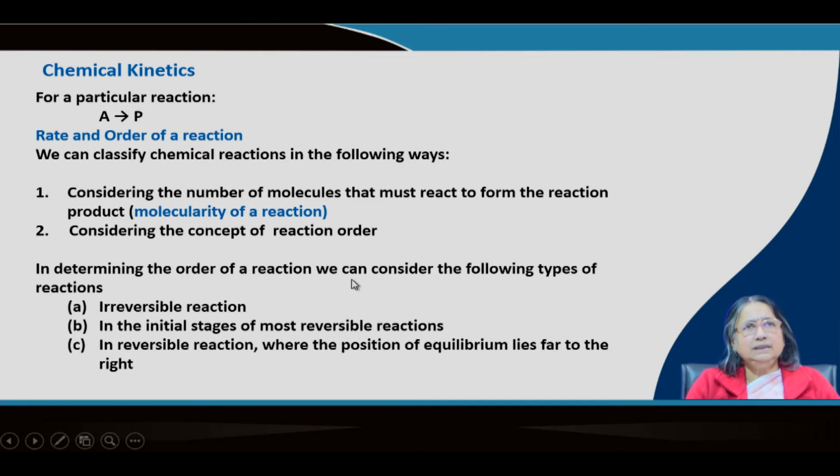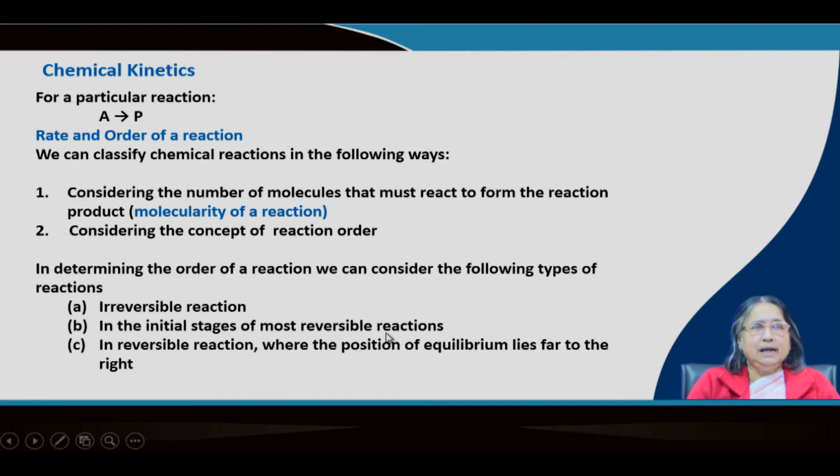Now, for which type of reactions should we determine the order? There are three types of reactions. First is the irreversible reaction. Irreversible and reversible reactions I already discussed in the chemical equilibrium chapter, and order we can determine for the irreversible reactions, or in the initial stages of most reversible reactions.